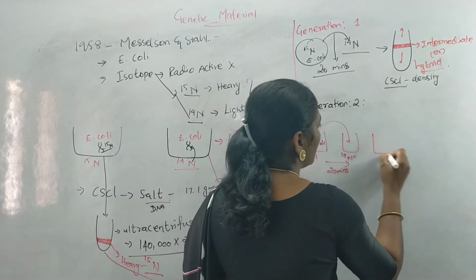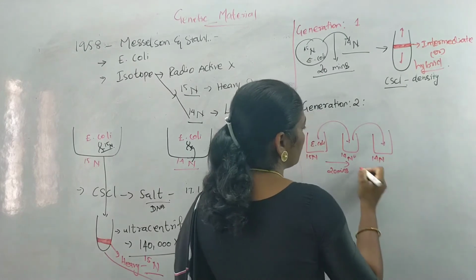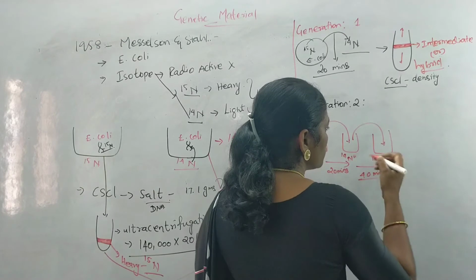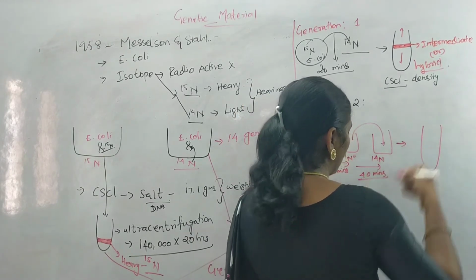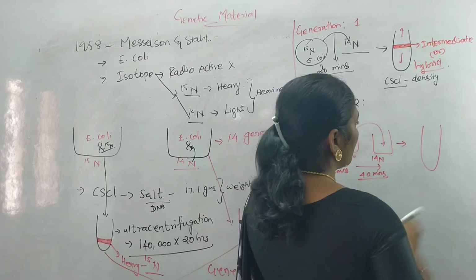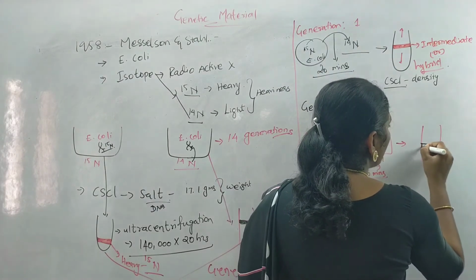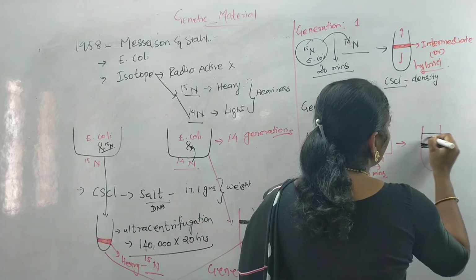Again, this group of E. coli was kept in N14 medium, and around 40 minutes of time was given for replication. So after 40 minutes, they took the extract. When they have taken it for centrifugation, they found one band in the middle, and the other band in the light region.